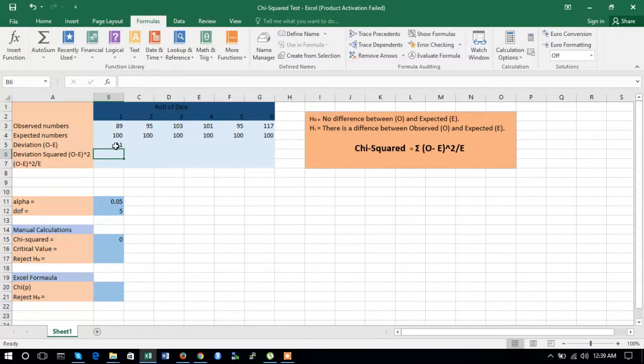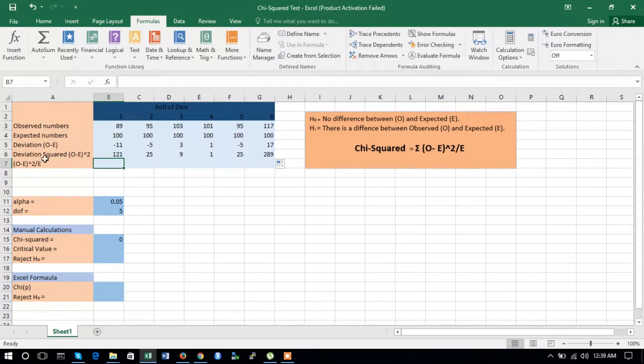So this is the value for this column, the deviation, and we can calculate these numbers. The next step is to calculate the deviation squared, which is the square of the deviation. We can get the same deviation squared for all of the six entries in the same way.